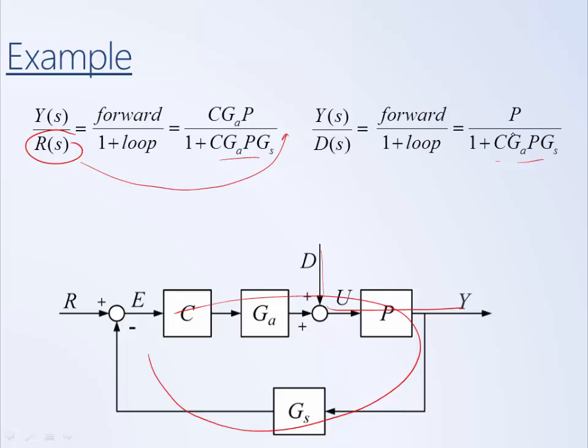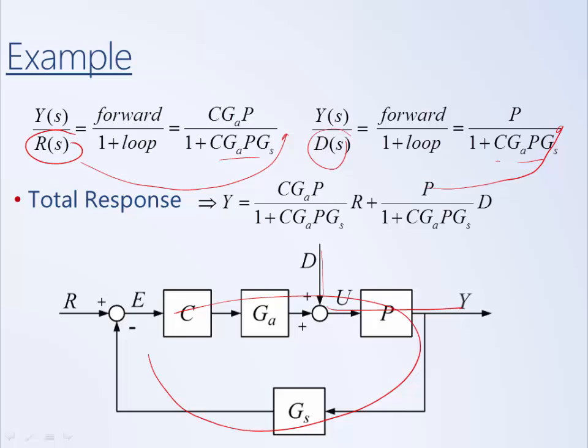And if we were looking at this response of the system to D by itself, the output would simply be the transfer function times the input D. If we're to apply both simultaneously, we can apply the property of superposition where the responses simply add. So we have the response due to the input R, and we simply add it to the response due to the input D to give us our total response.